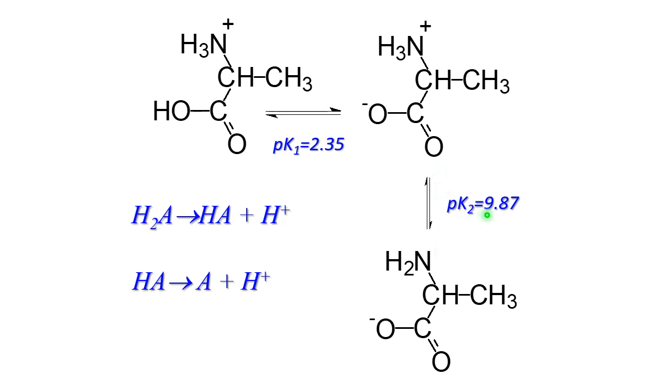Second pK is 9.87, and here we have complete deprotonation of both groups. So we have an amino group and an ionized carboxylic group.